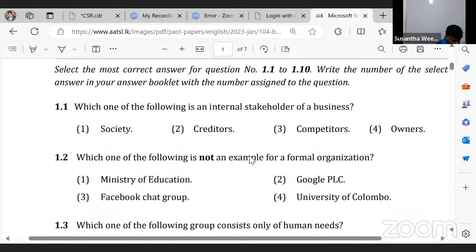Which one of the following is an internal stakeholder of a business? All stakeholders we can divide into 2 types: internal stakeholders and external stakeholders.